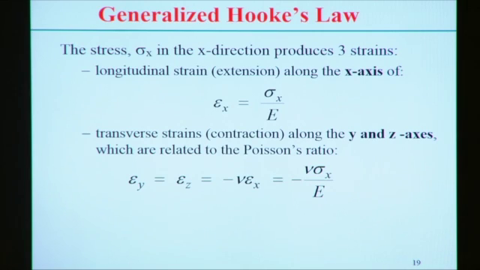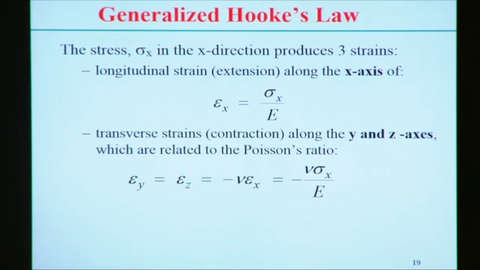One is the longitudinal strain, or you can say the extension along the x axis, which is defined as epsilon x equal to sigma x by E. But at the same time it will produce the transverse strains, or contraction, along the y and z axes, which are related to the Poisson's ratio.